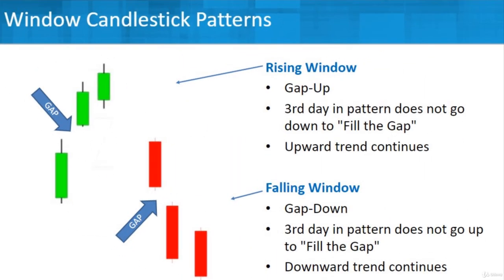A different type of signal, and this works with our gaps, if you looked at the lessons around gaps, is rising and falling windows, right? And really what you're seeing is kind of like a gap up. It could be a breakaway gap, it could be a runaway gap, but for a rising window, you have basically a gap up. And what happens is the third day in the pattern does not go down to fill the gap.